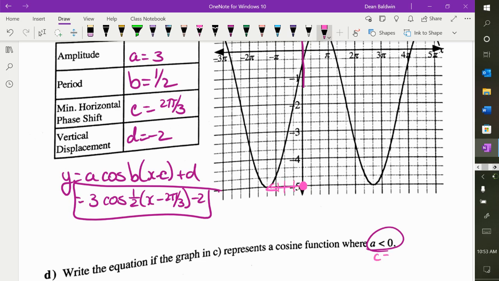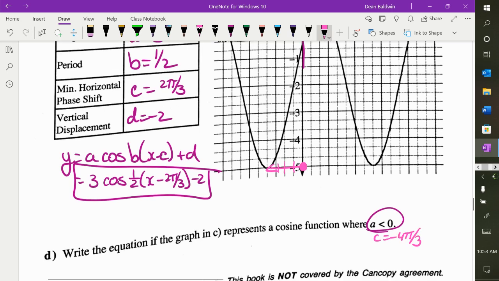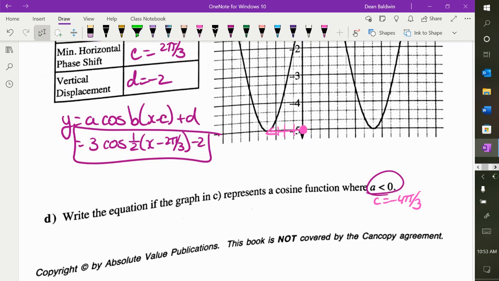So your c value is negative 4 pi over 3. So the equation is then negative 3 cos 1/2 x plus 4 pi over 3 minus 2.